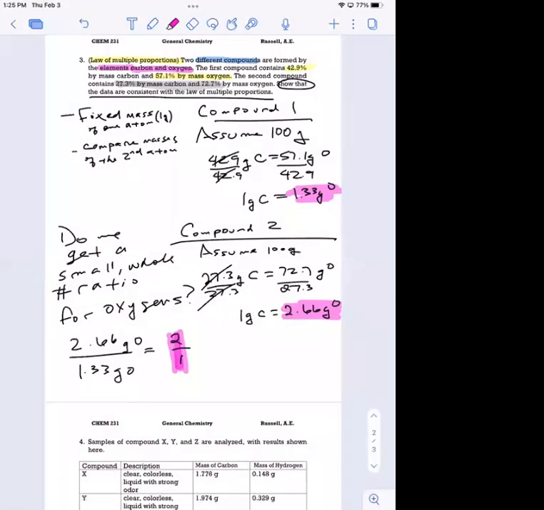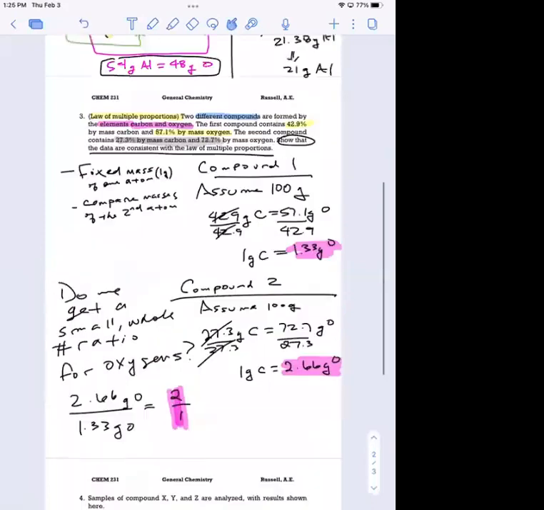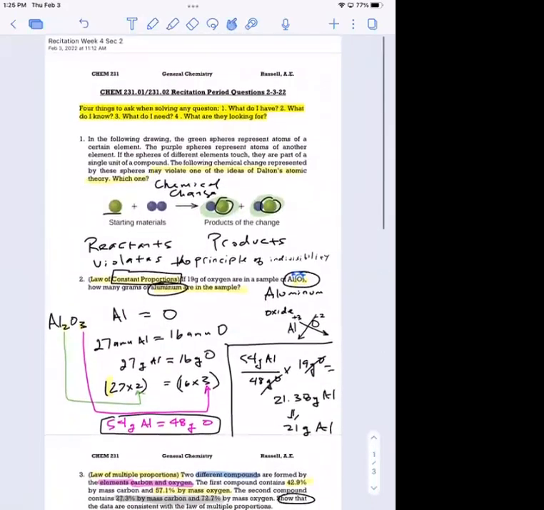All right, let's go to the next problem. So we've looked at constant proportions, where the key is to take the atomic mass and find the ratio between the atomic masses, and that ratio is constant for every sample.